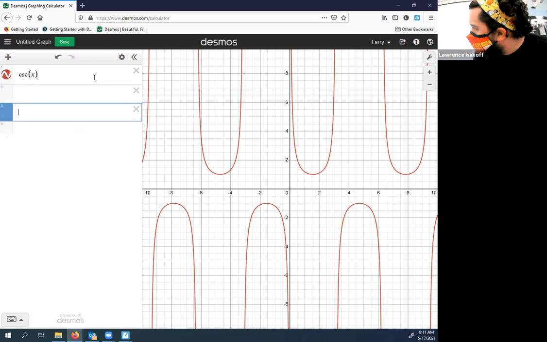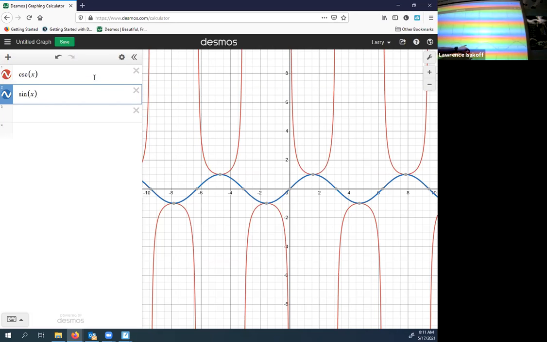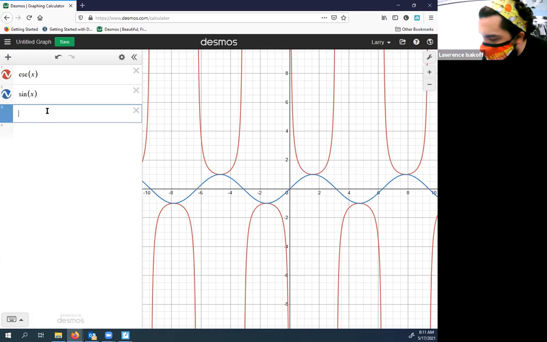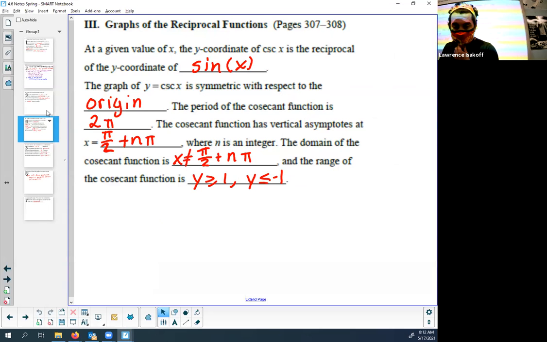But if I put in sine of x with this, we actually see wherever a max was, that gives me this parabola that's flipped upside down or flipped right side up. Wherever a min was, it just flipped upside down as a parabola. And again, if I go with any of my x-intercepts, like say pi, if I said x equals pi, I get this vertical asymptote happening. So again, I'm just trying to expose you to these functions. Not giving you a ton of homework on these or anything like that.